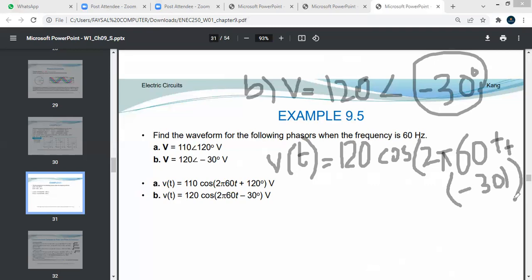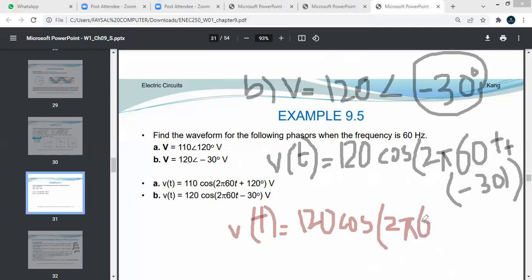So then you have to elaborate that my V(t) value will be 120 cos 2 pi 60t minus 30 degree, into the value of volt, that is V. So this is the complete solution of my part number A and part number B, example 9.5.